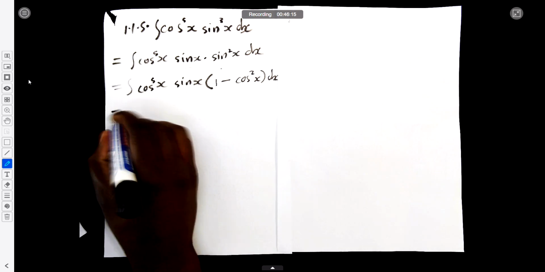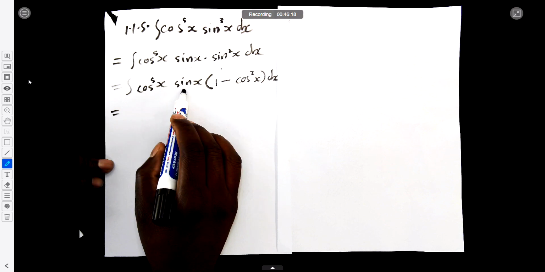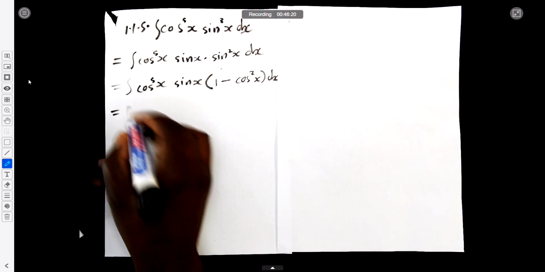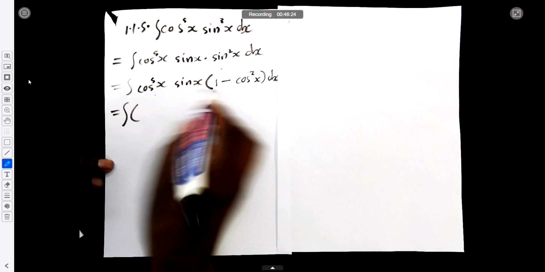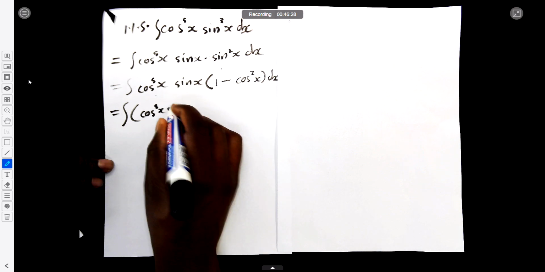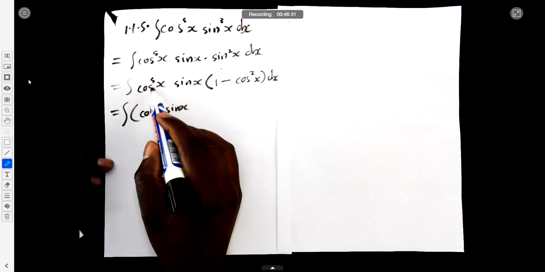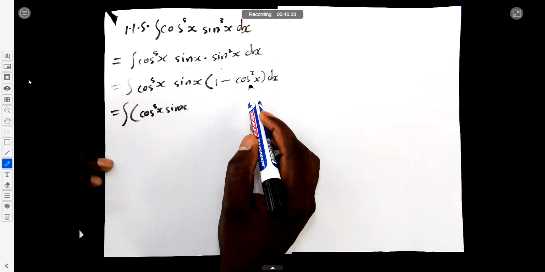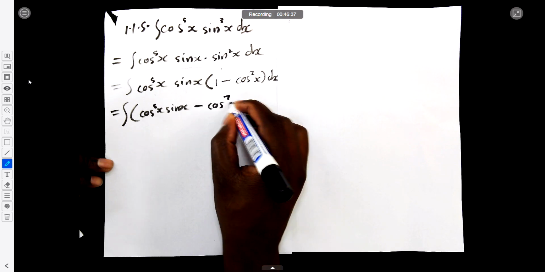Okay, so utilizing multiplication, we have cos to the power of 5 times sine x times 1. Multiplying the second term, cos to the power of 5 times cos to the power of 2. It's cos to the power of 7, isn't it?